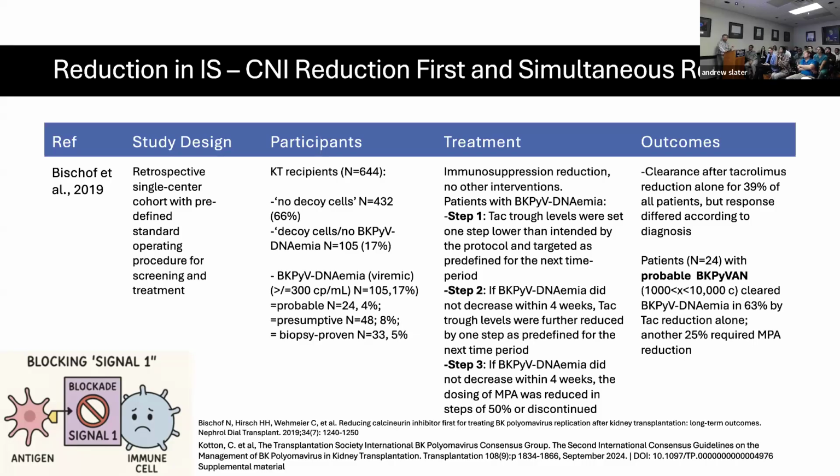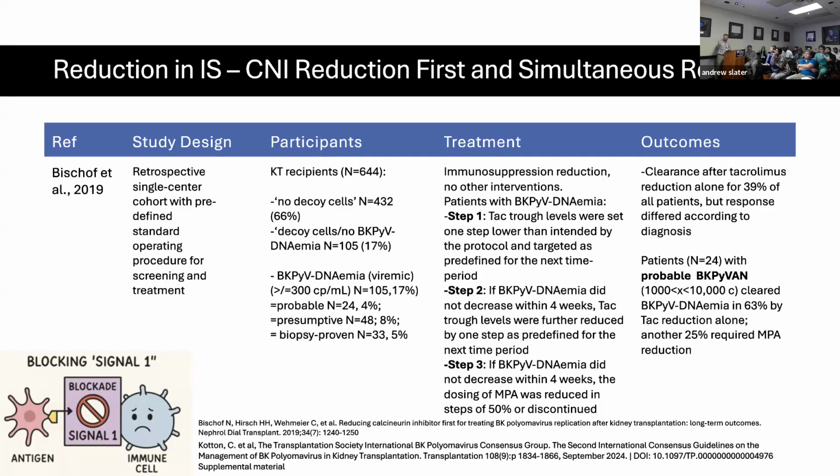Patients with known BK virus DNAemia. Number 1, the tacrolimus trough levels were set 1 step lower than the typical protocol at that center, and targeted as predefined for the next period. So, for example, if it was 9 to 11, right, they would go down to 8 to 10.